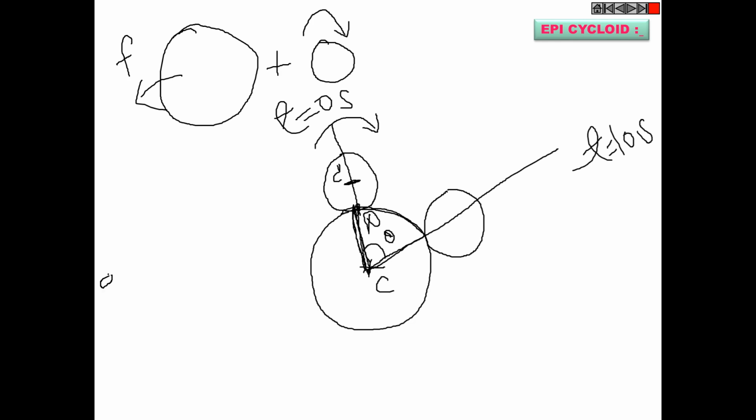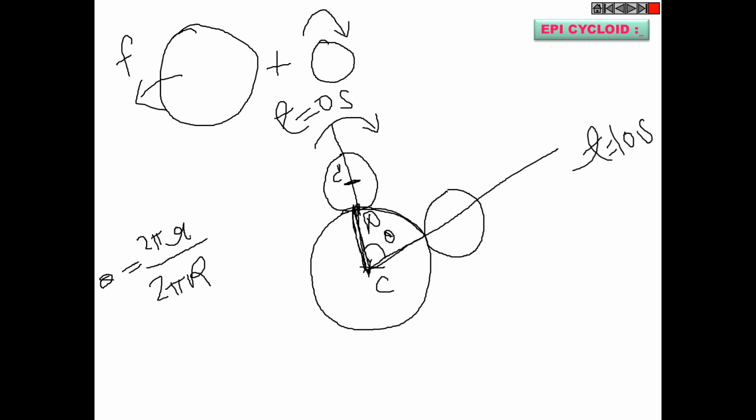And how much is this theta? Since I know the overall circumference of the bigger circle is 2 pi R, with capital R, and the overall circumference of the smaller circle is 2 pi r, where small r is the radius of the smaller circle.